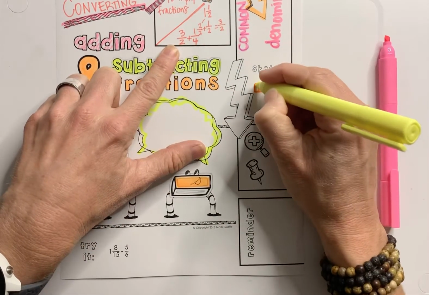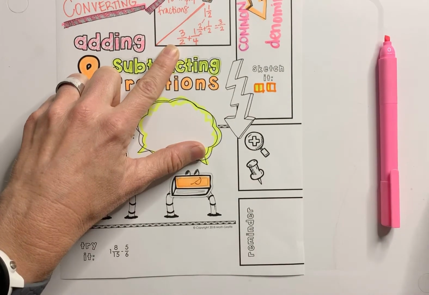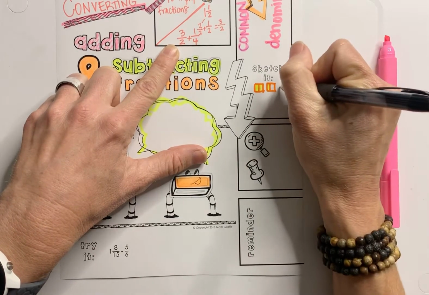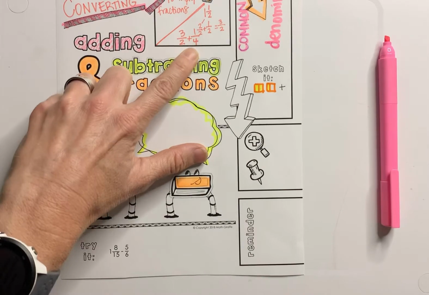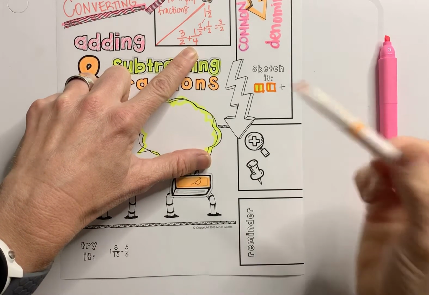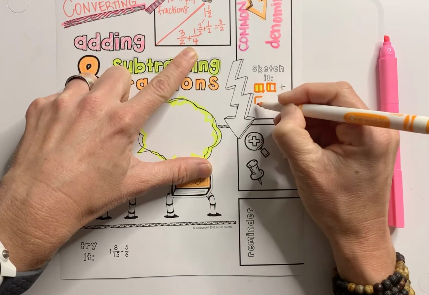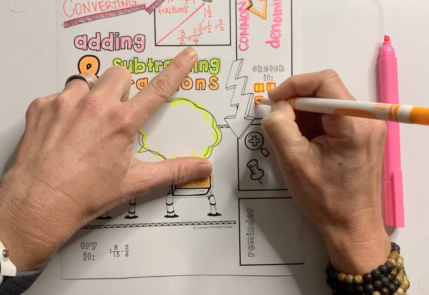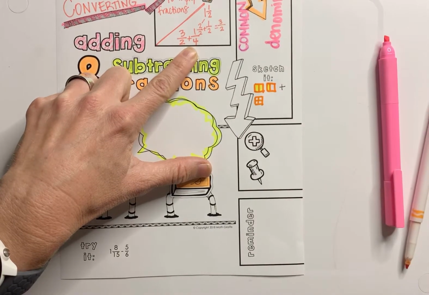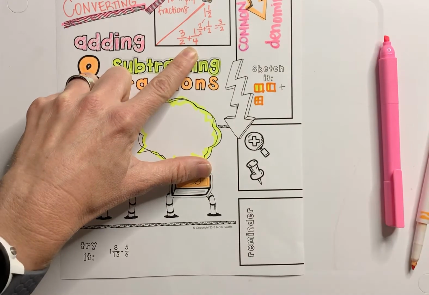I'm showing that here. 1, 2, 3 halves. And we are adding that to 1/4. Okay, so that looks like this. I'm using the same size whole. That is going to be in fourths. So it is that little piece there.